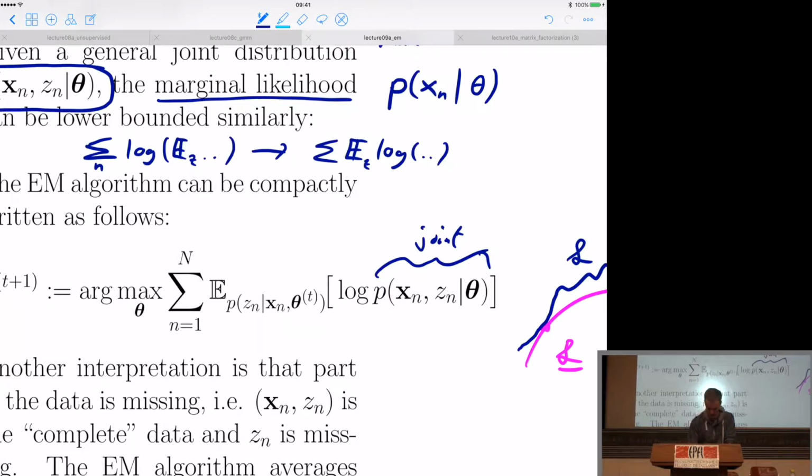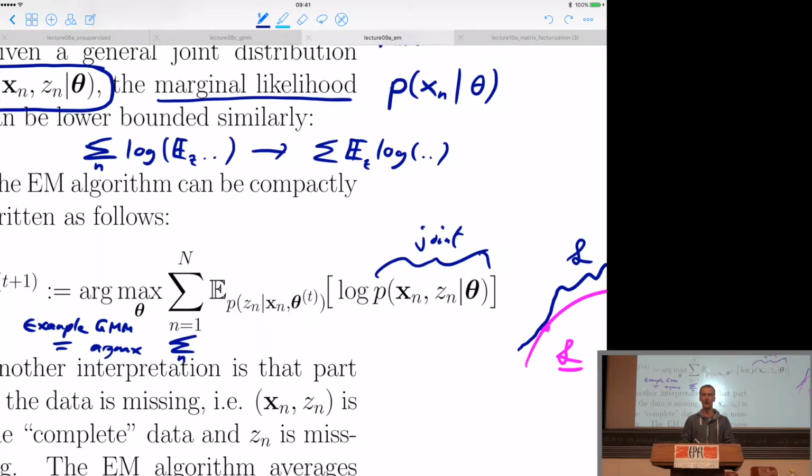Okay, so let's convince ourselves that this is related to what we have been doing. So, for example, for GMMs, let's see. So then we have argmax, sum over all points. That's always the same. So what did you do before? What was this? What does it mean? Expectation over probability of Z. It's very simple. It's just actually this kind of marginalization happening.